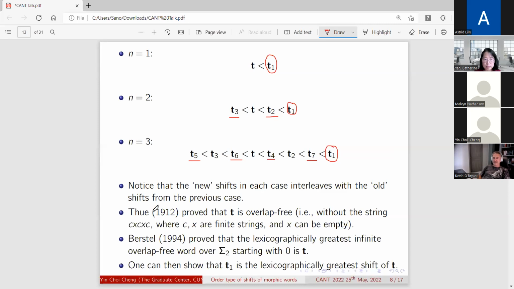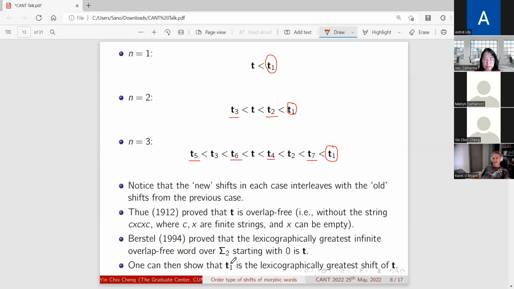Choi, in his 1912 paper, proved that the 2m squared is overlap free, meaning it does not contain any string of the form CXCXC, where C and X are finite strings and X can be empty. Burstow in 1994 proved that the lexicographically greatest infinite overlap free word over sigma 2 starting with 0 is precisely the 2m squared, which also implies that its shifts are all overlap free.